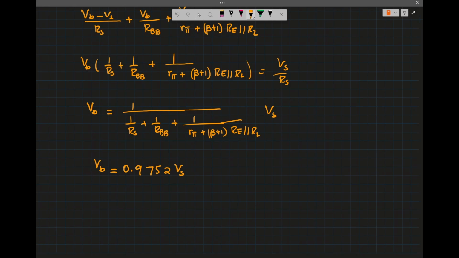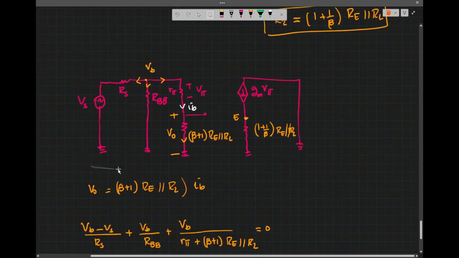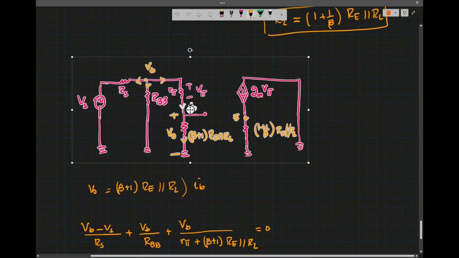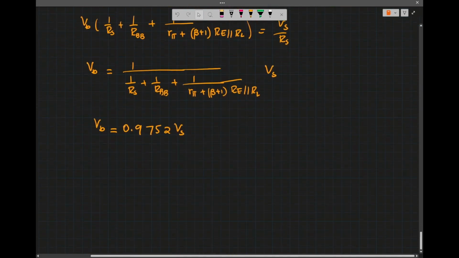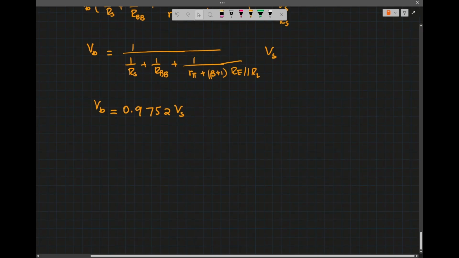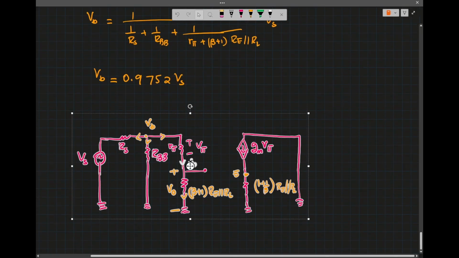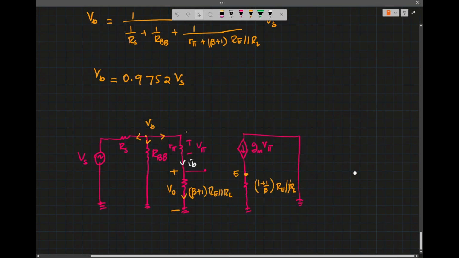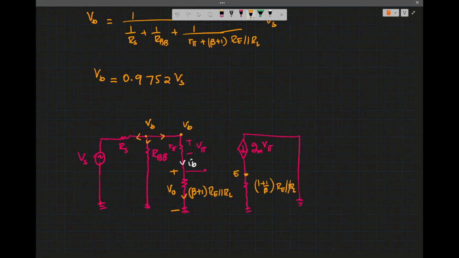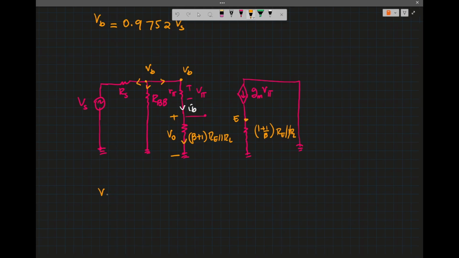So then I can do the voltage division, right? So if I take this and put it down there so that we have it in front of us. So when I paste it here, I know the voltage here is VB, so I can find V0 using voltage division.